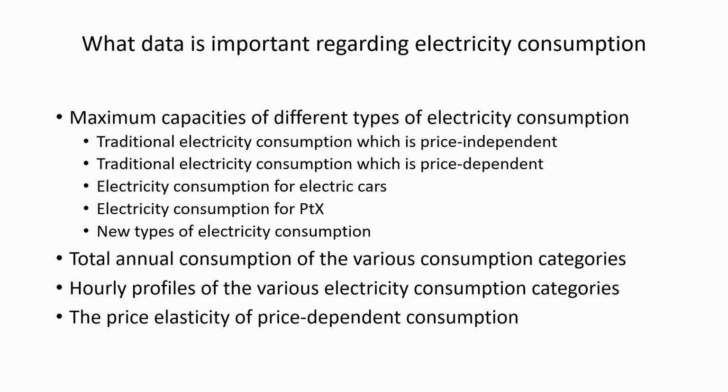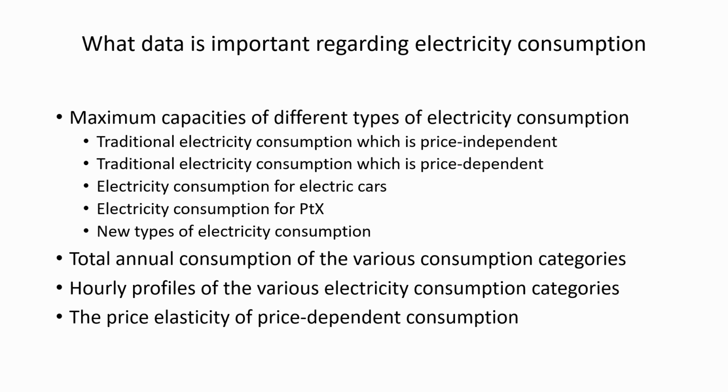And this traditional electricity consumption is the consumption in households and in industry, but it is not the consumption that will come from electric cars and power to X units or new types of electricity consumption.